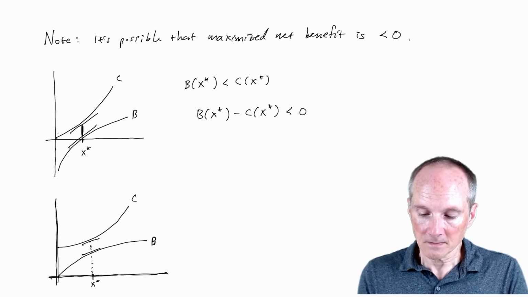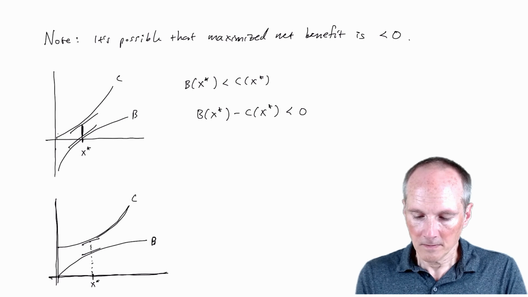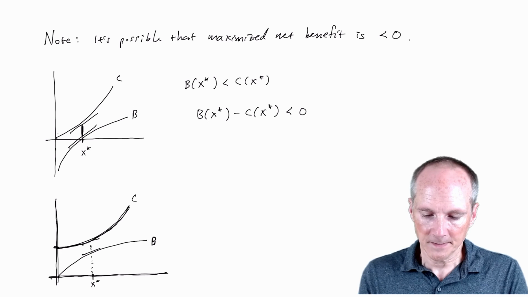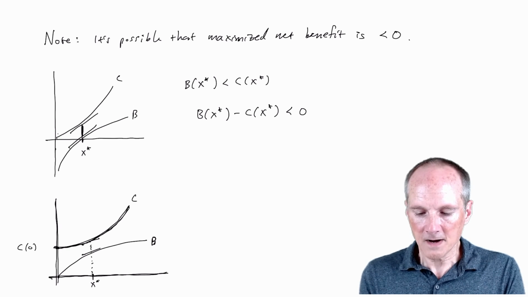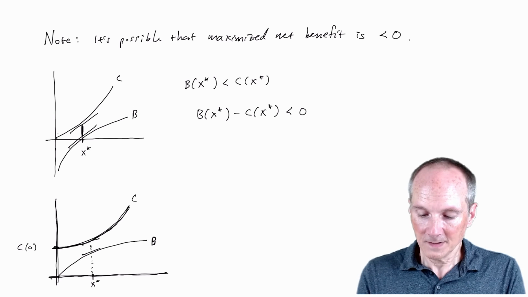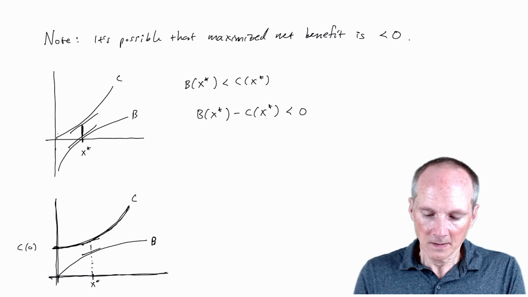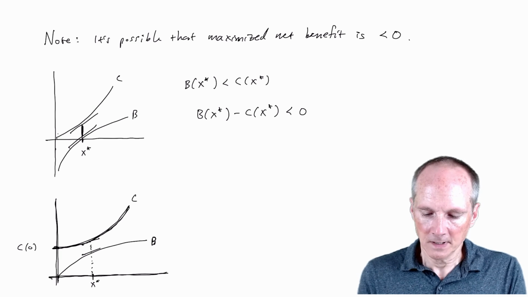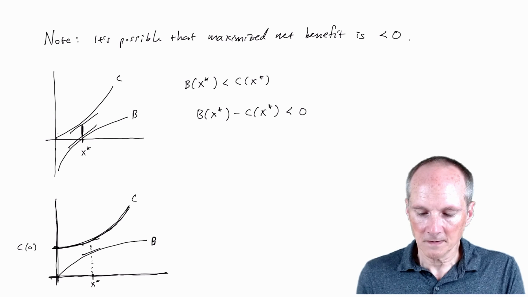In this case, what's driving this is that the cost, even in this picture I just drew, because the cost function has a positive vertical intercept, means that even if the firm chooses 0 scale, there's a positive cost.